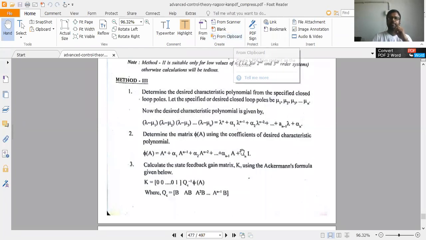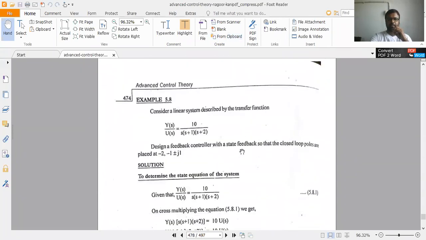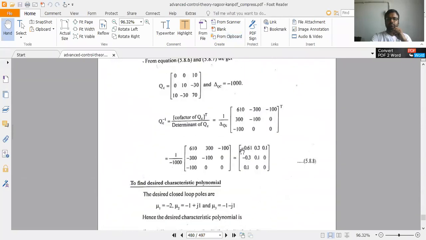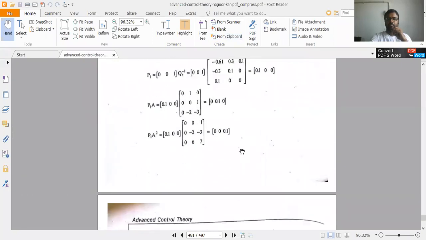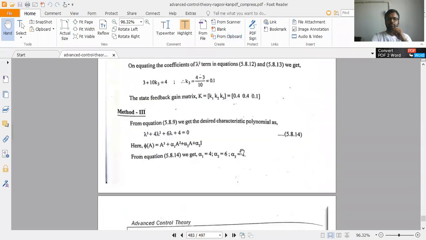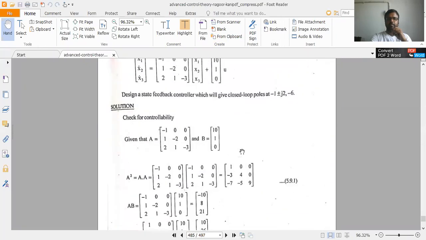Okay, so in this way we are able to calculate the state feedback gain. For our understanding, I will show the solution regarding the determination of the state feedback gain matrix.